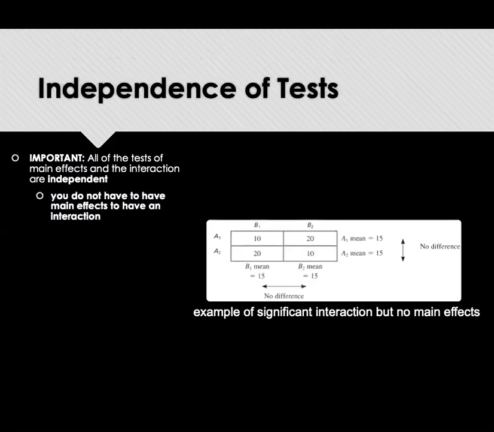And so what you should conclude from listing all of those possible outcomes is that all of the tests of main effect and interactions are independent, meaning you do not have to have main effects to have an interaction. You don't have to have an interaction to have main effects.